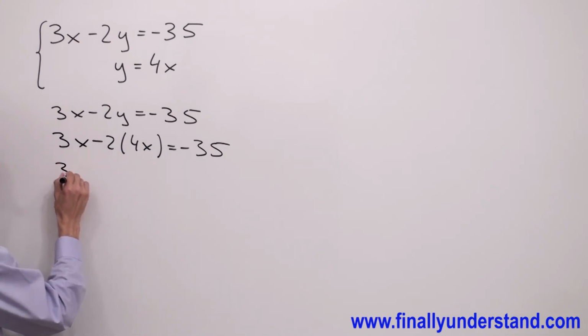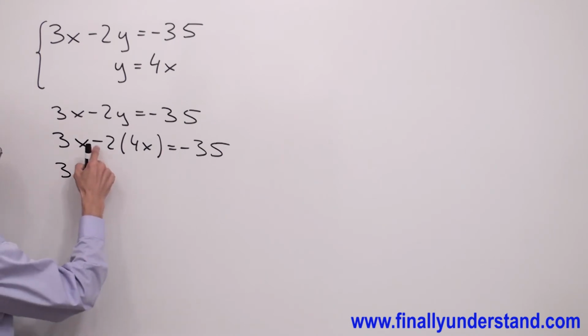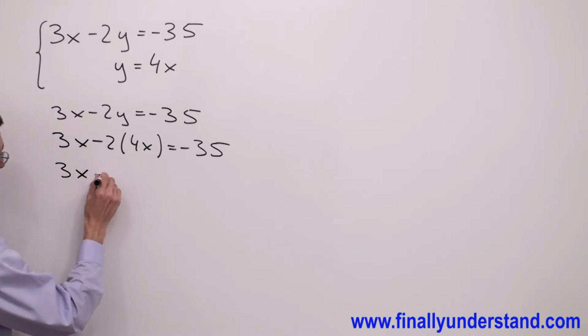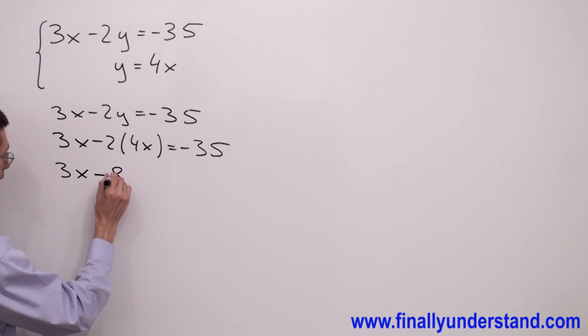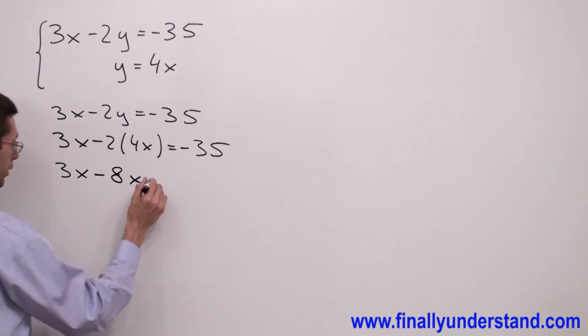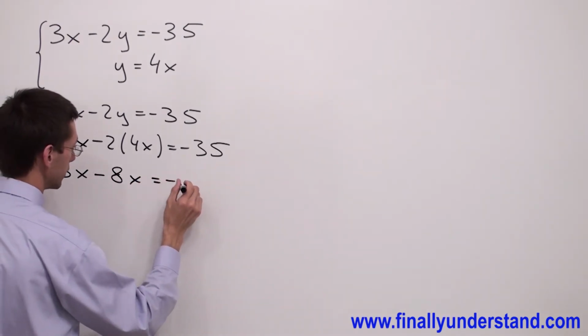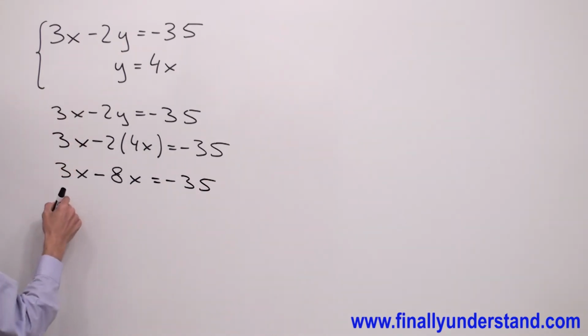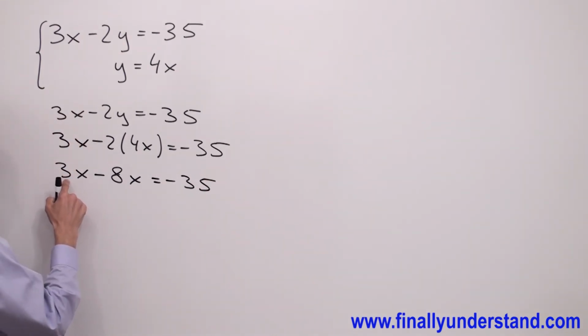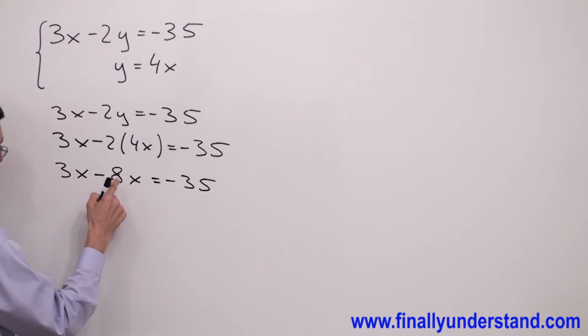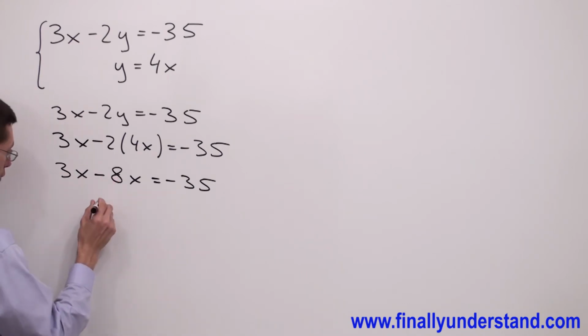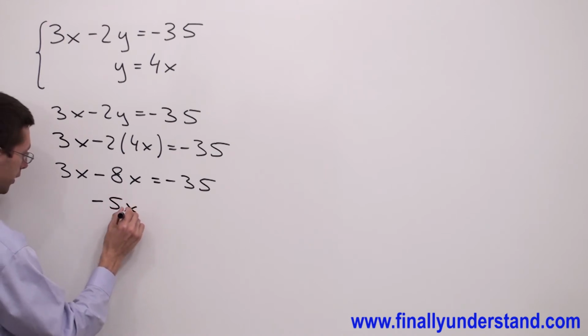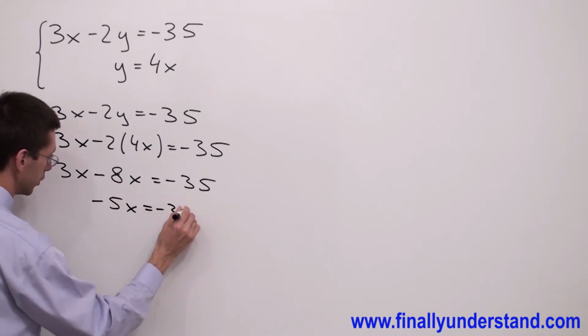So I have 3x minus 2 times 4 is negative 8x equals negative 35. I have to combine the like terms. I have 3x minus 8x is equal to negative 5x equals negative 35.